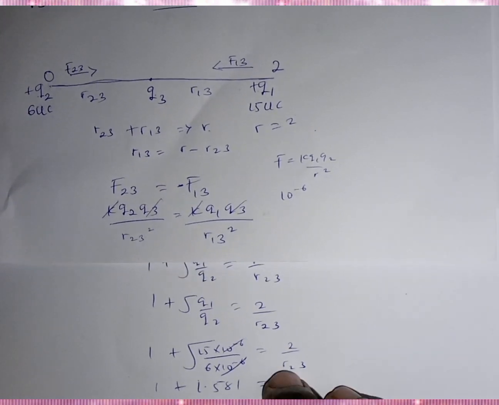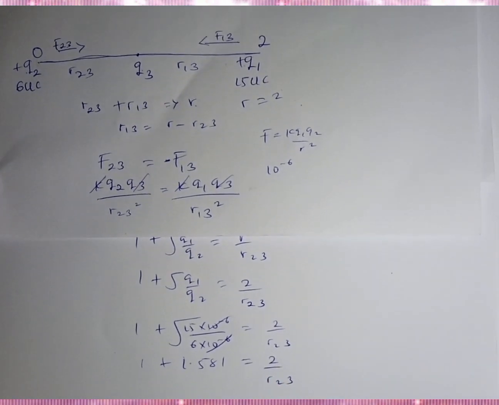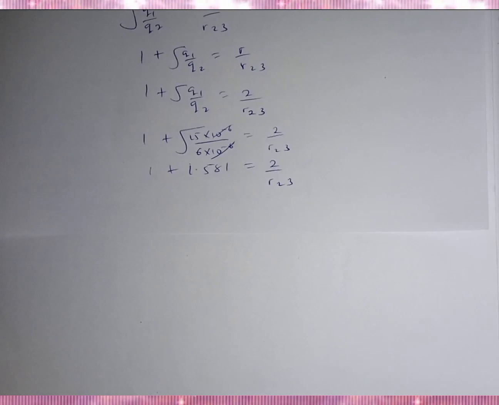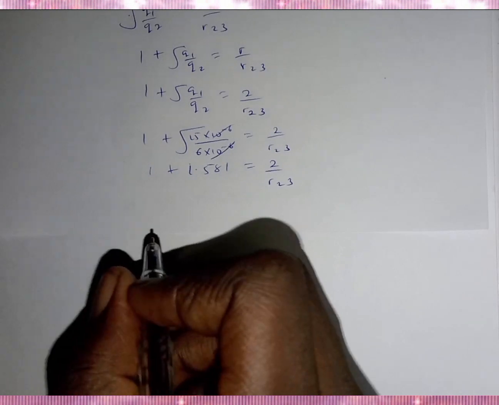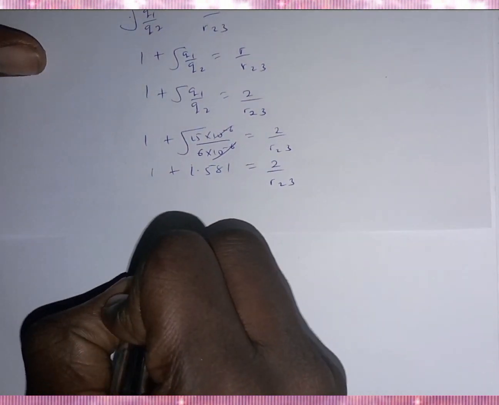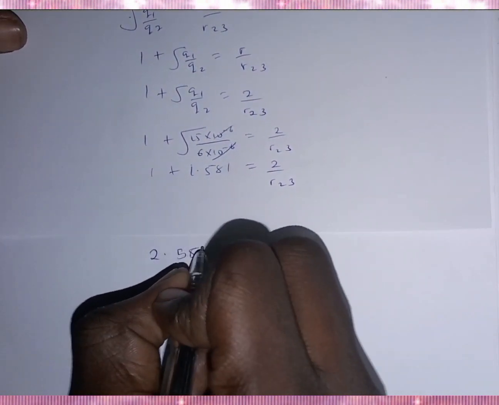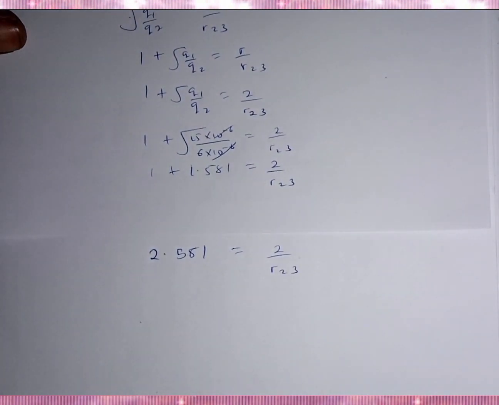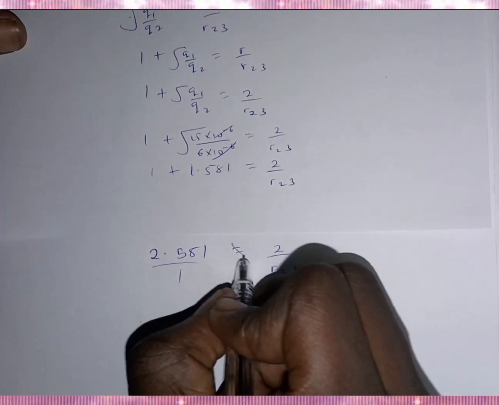So now, further simplifying, we'll have 1 plus 1.581 is 2.581, equals 2 over R23. So now we can cross multiply.